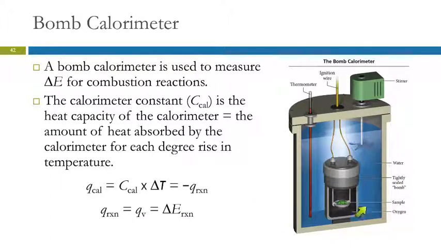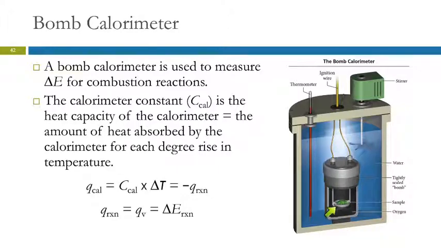So what we have inside is this little sealed container, they call this the bomb, and you've got your sample in here. This is often used for measuring heat of combustion. So you've got your sample in here, you've got plenty of oxygen in here, you have an ignition source so that you can give it a spark and set it burning.